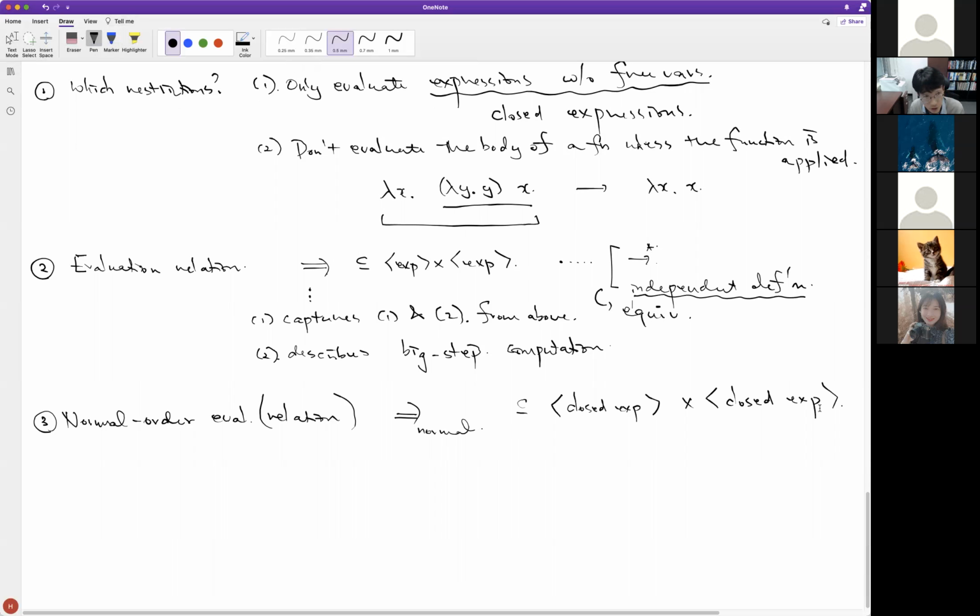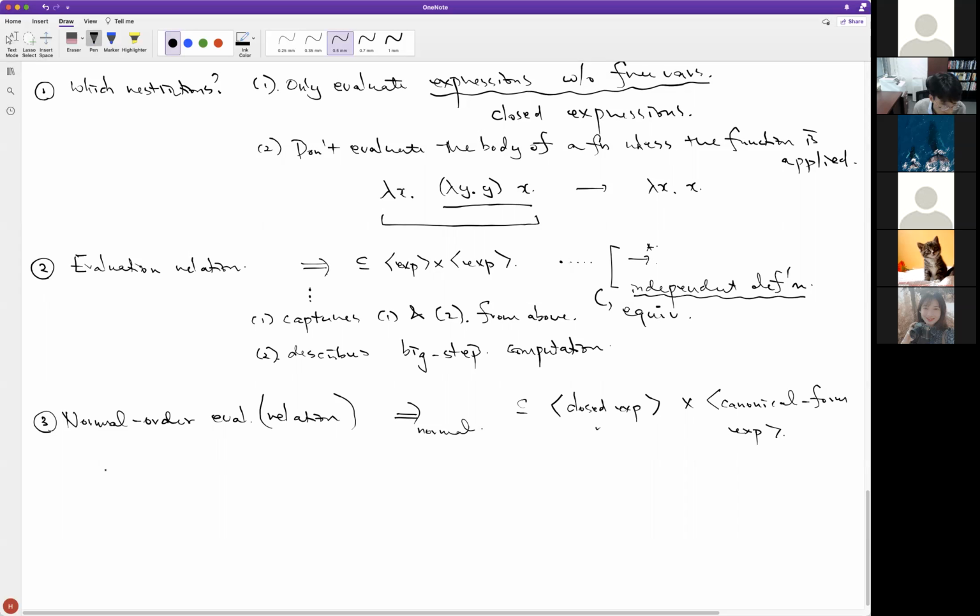I think let me change this. So it's defined on the closed expression and something called the canonical form. This closed expression is just an expression that doesn't contain any free variables.